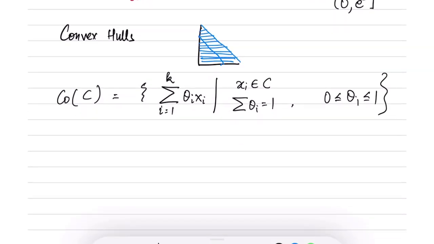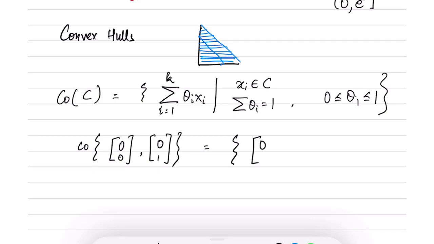As a simple example, let's take the convex hull of these 2 points. What is the convex hull of these 2 points? You can write it as theta 1 times 0 and theta 2, such that theta 1 plus theta 2 equals 1, and theta 1, theta 2 are between 0 and 1. So what is this set?